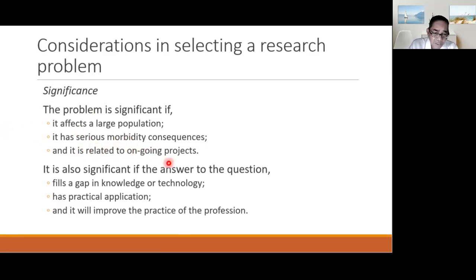And it is related to an ongoing project. It's a priority project of the government, of the DOH, of the institution. Then researches on that become significant. It is also significant if the answer to the question fills a gap in knowledge or technology.